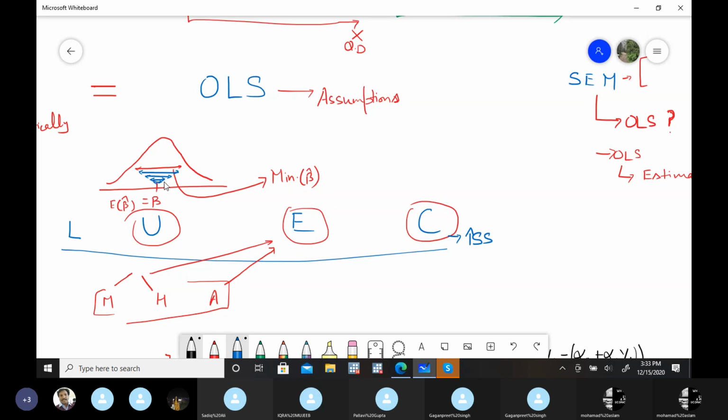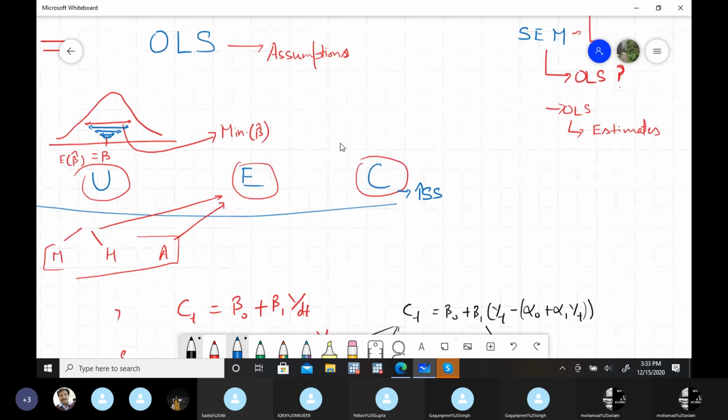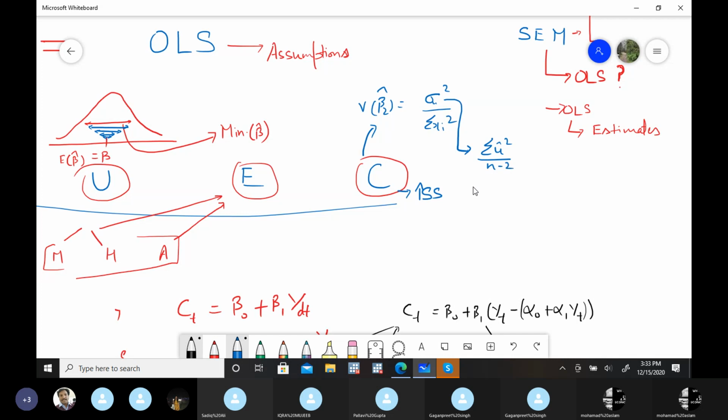So as you increase the sample size, these estimates will be nearby the population estimates because the variance of these estimates will decrease. That is consistency. And how does it happen? If you remember the beta 2 variance equation, taking the simple case, it is sigma square by summation xi square. And this sigma square, if you remember, is summation u hat square by n minus 2.